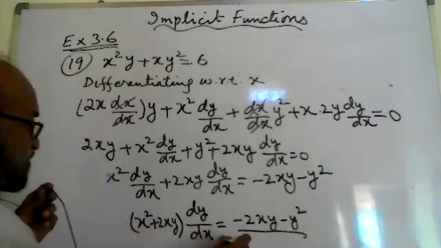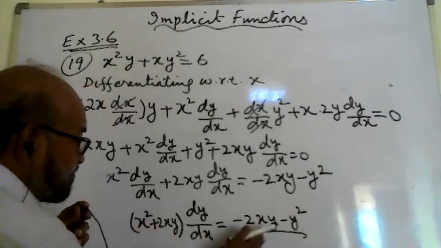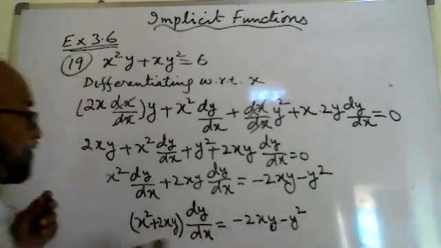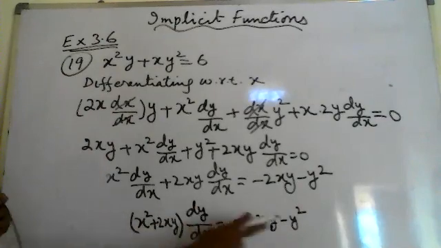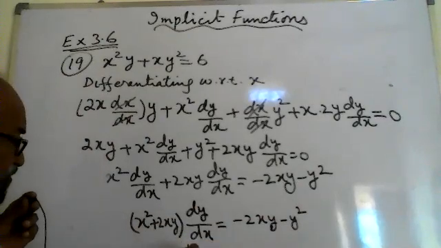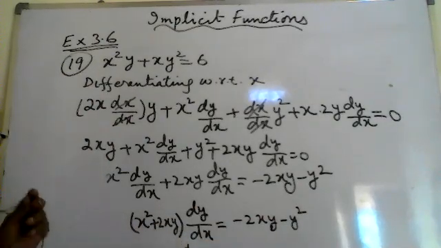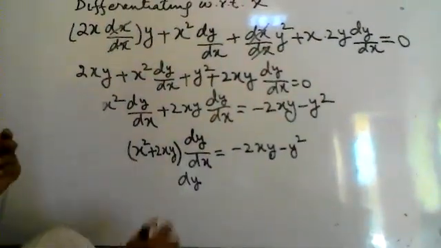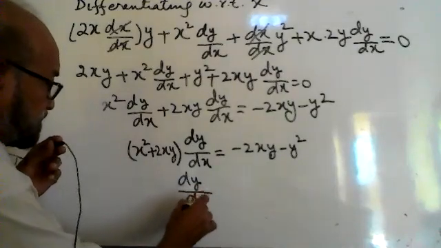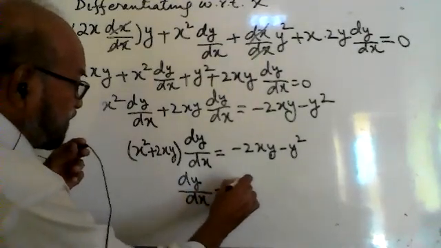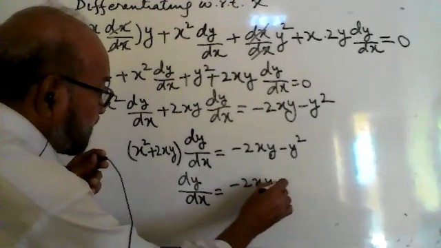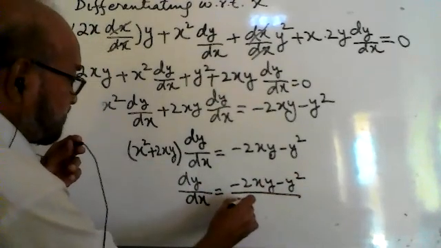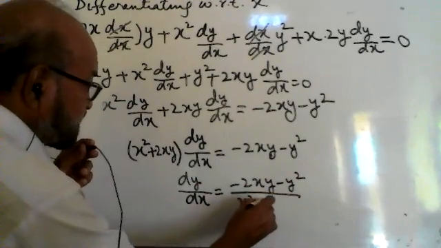Now the bracket will be shifted to the other side. So dy upon dx is equal to minus 2xy minus y square upon x square plus 2xy.